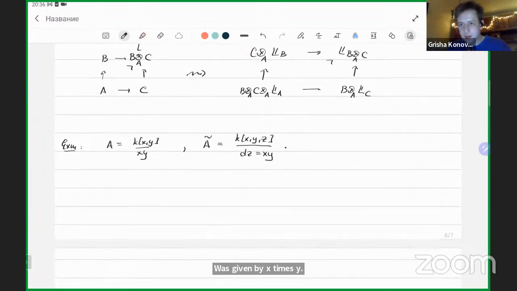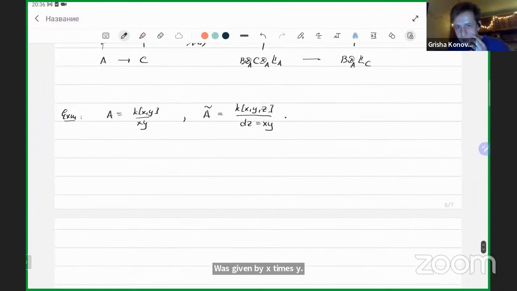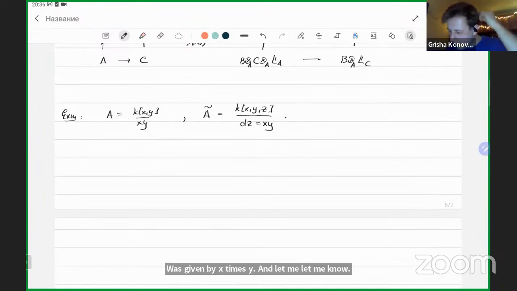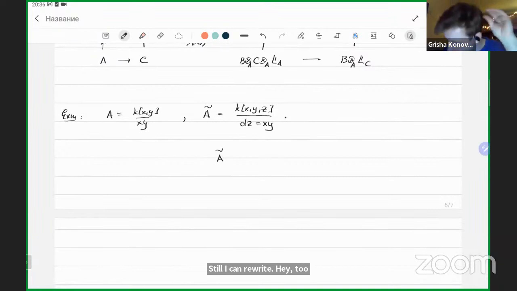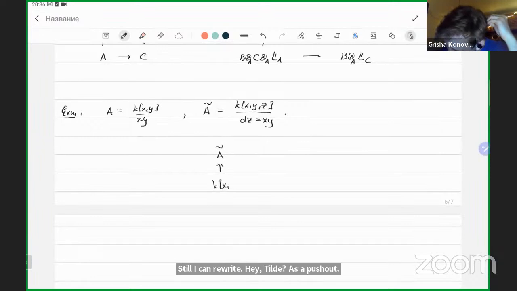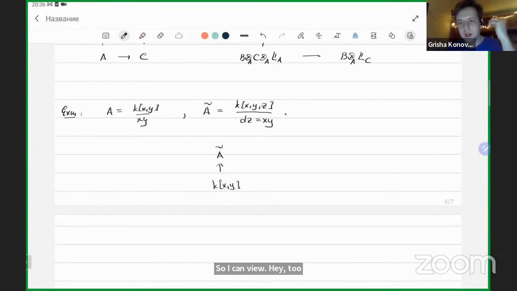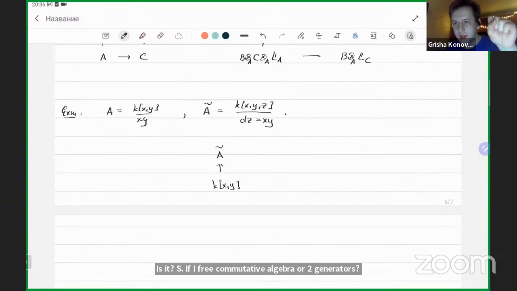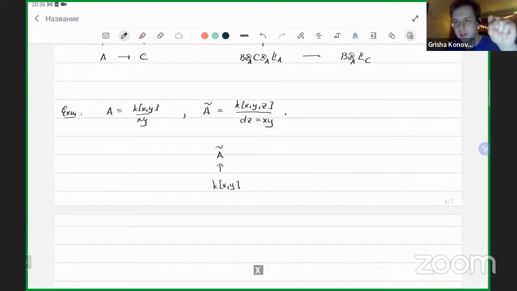And let me now do the following. So I can rewrite A tilde as a push-out. So I can view A tilde as if I took a free commutative algebra on 2 generators, x and y, and added another generator to it.